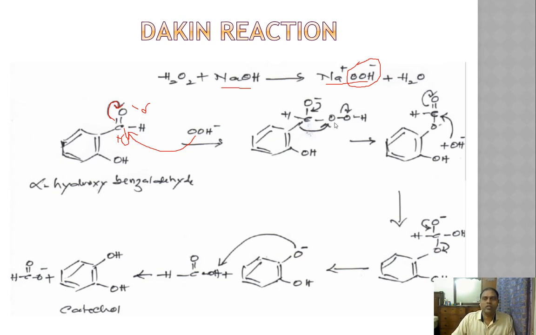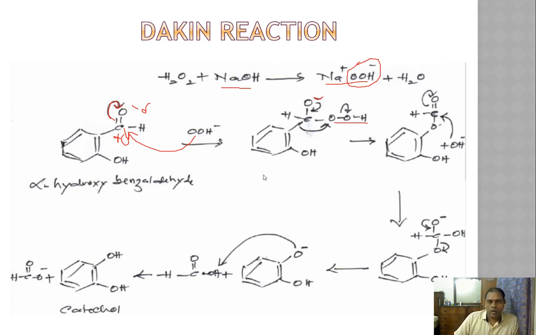And this bond is going to get formed. And because this positive charge is neutralized, this electron which was towards the electronegative oxygen will go completely into that oxygen, and that will become negatively charged.